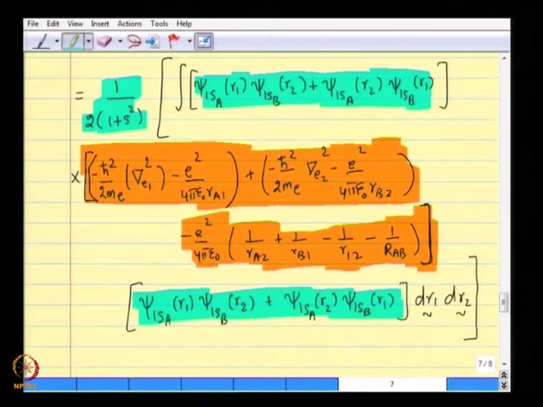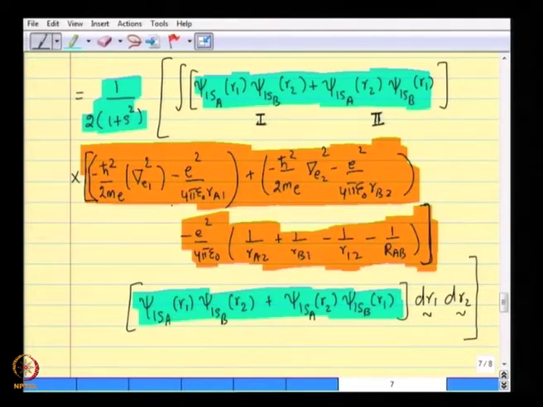So now let us start looking at this integral term by term. The way I have grouped it, there are products of two wave functions, two terms here, which I call term 1 and term 2.